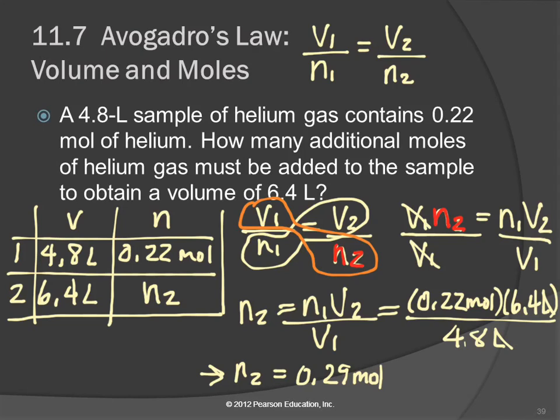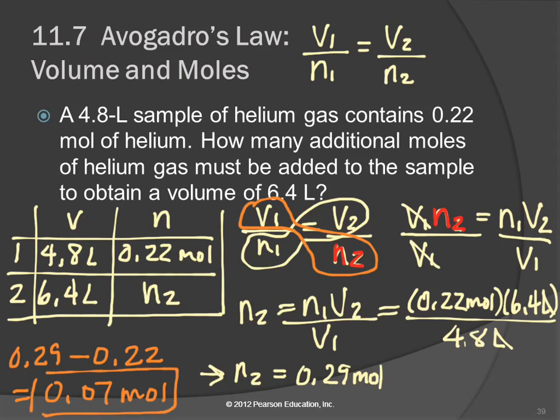So we're going to take 0.29, which is what we end up with, but we started with 0.22, and so that equals 0.07 moles. To take that 4.8 liter sample of helium and make it be 6.4 liters, we have to add 0.07 moles.